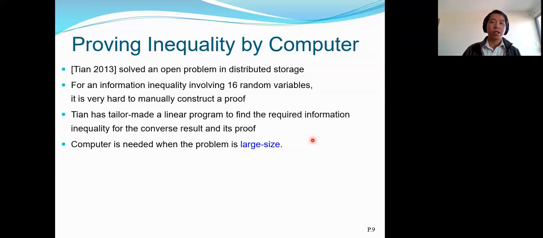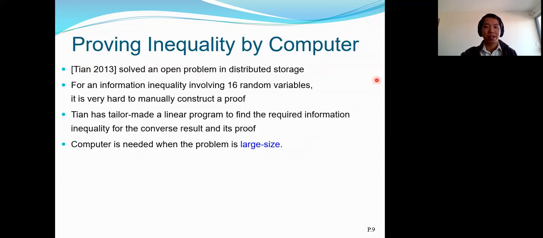Another important application is that using a computer can help us to solve some problems which are much bigger. For example, here, Charlton in 2013 solved an open problem in distributed storage systems, which involved 16 random variables.